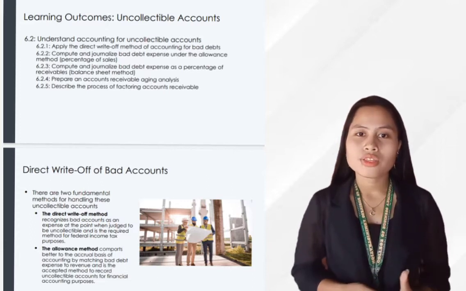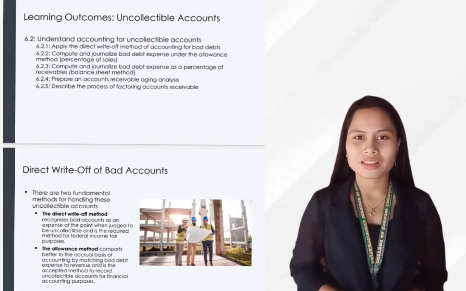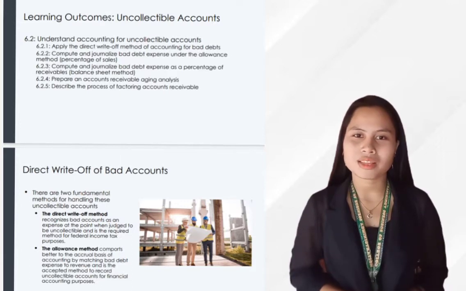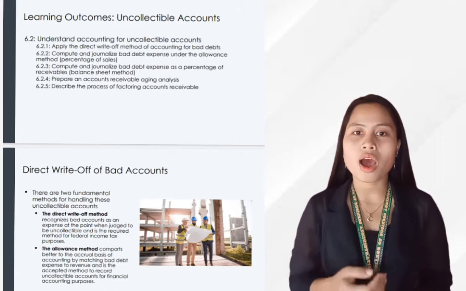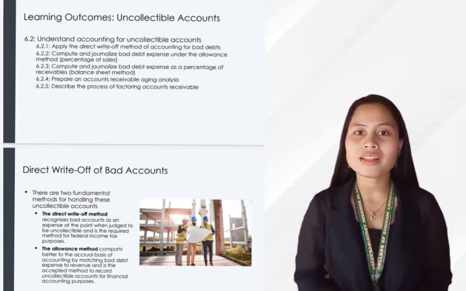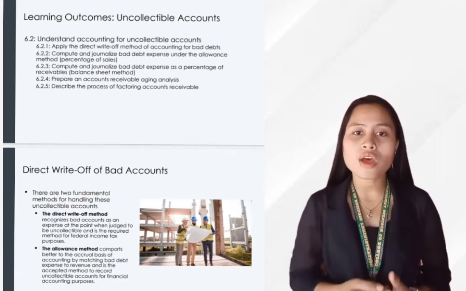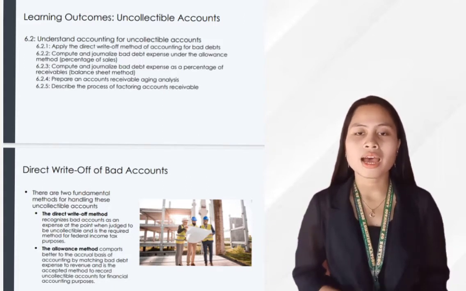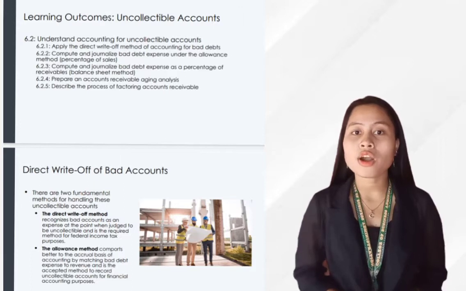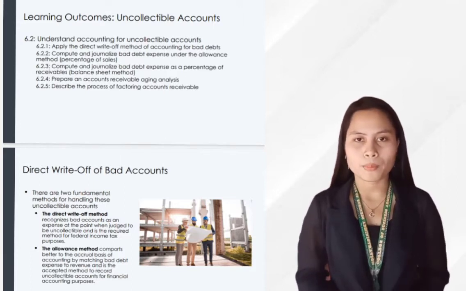And the second is the allowance method. So, when you say allowance method, it is better compared to the accrual basis of accounting by matching bad debt expenses to revenue, and is the accepted method to record uncollectible accounts for financial accounting purposes.